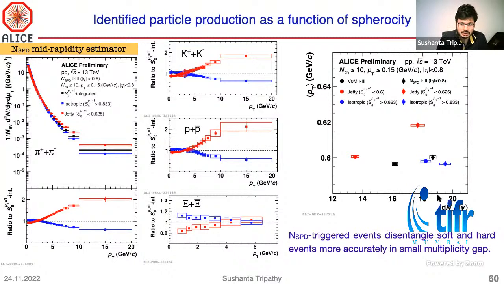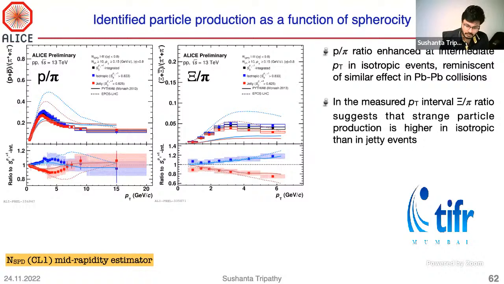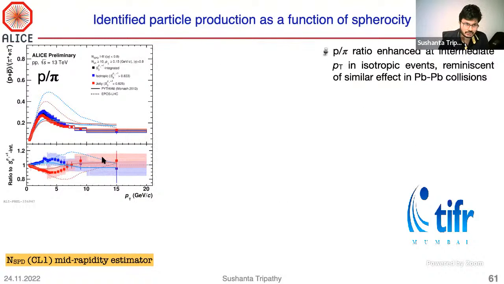So with these SPD-triggered events, we obtain different particle ratios to probe the radial flow effects. You see this is the p over π ratio as a function of pT for isotropic and jetty events as well as for integrated events.